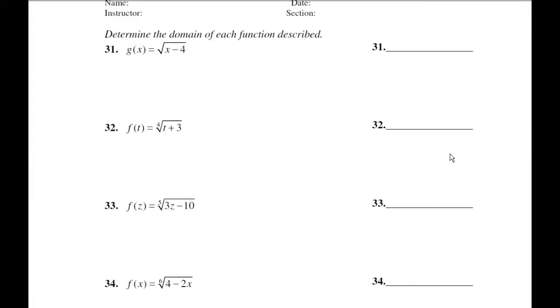Now, before I start to write on these, I'd like you to see if you can understand what they're asking. So they want you to find the domain that would be described there. So remember, some numbers do not exist.